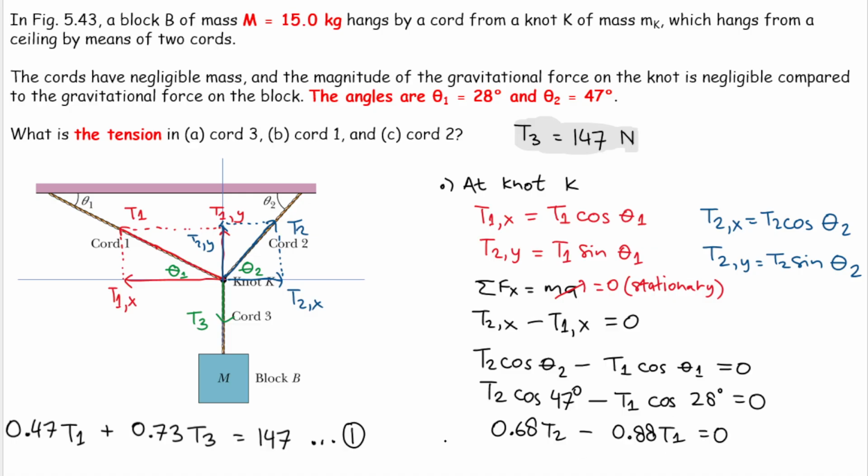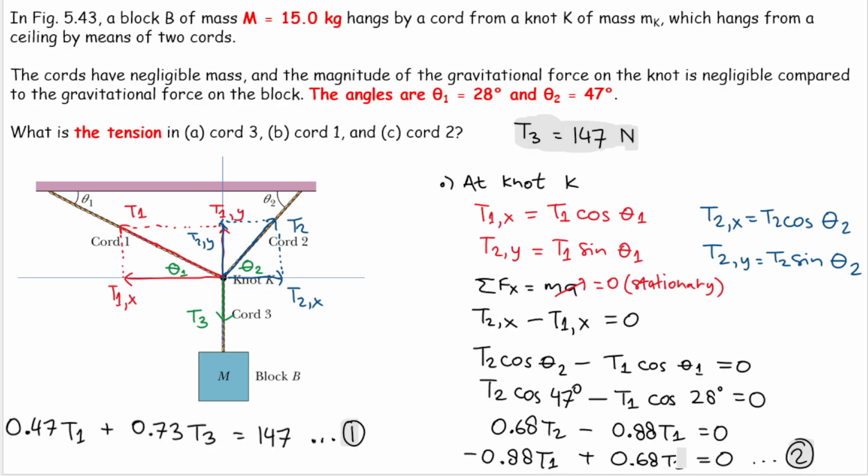Let's write the T1 first. So I have minus 0.88 of T1, and then plus 0.68 of T2. All of that will equal 0. We can save this as equation number 2. We have 2 equations and 2 variables, right?